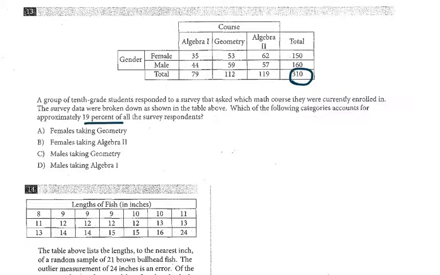For A, B, C, D, we need to divide by 310. Then we need to figure out for A, females taking geometry. That means 53. Then we get 17.1%.